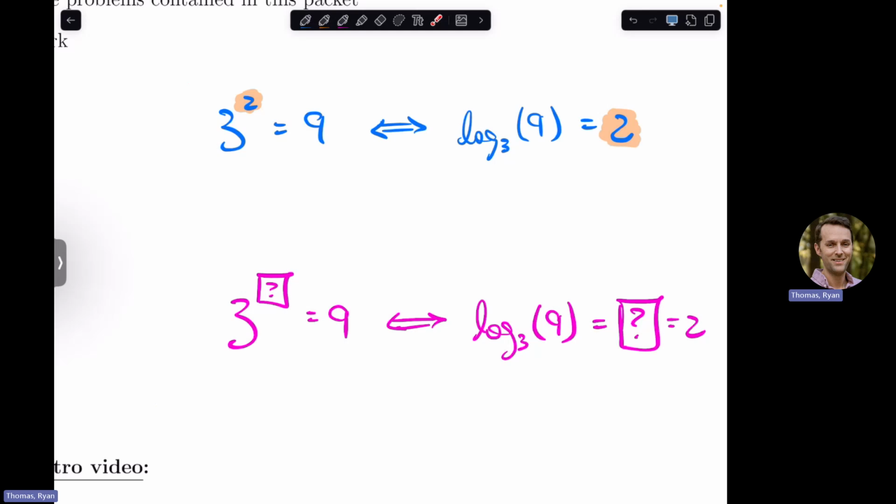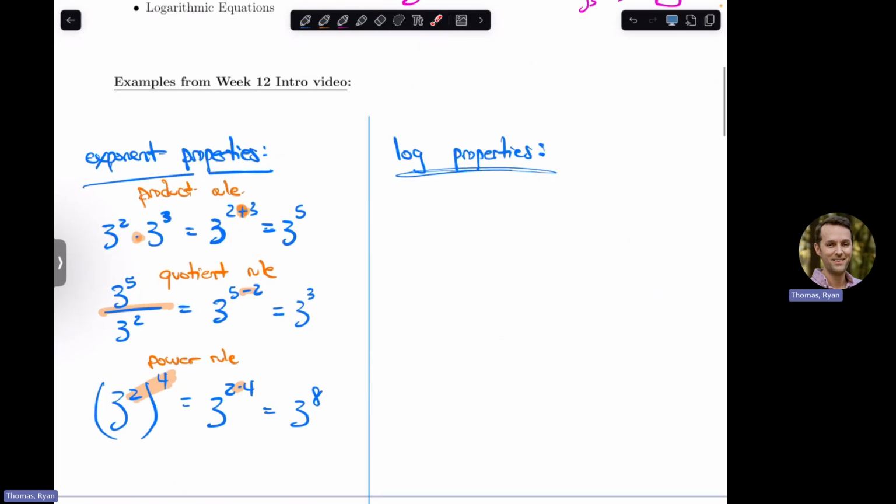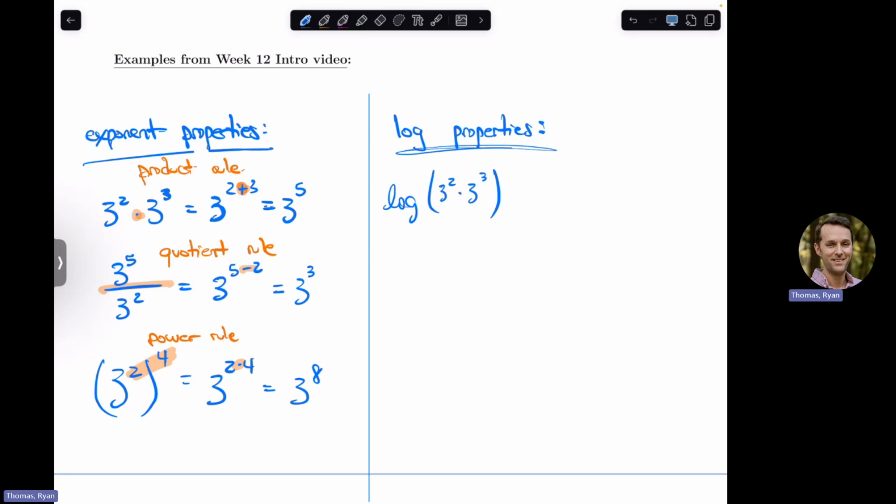Okay, so with that in mind, if a log is an exponent, then what log properties say about these same things is that if we take a log of a product, like, what happens is that turns into the sum of the separate logs.